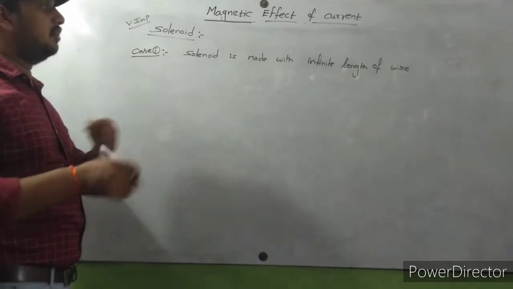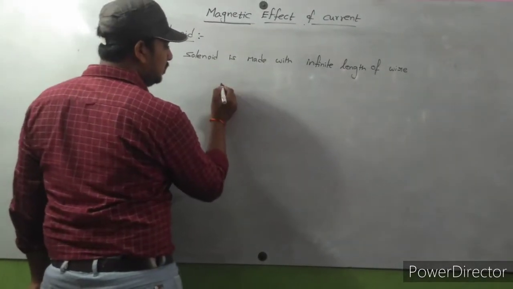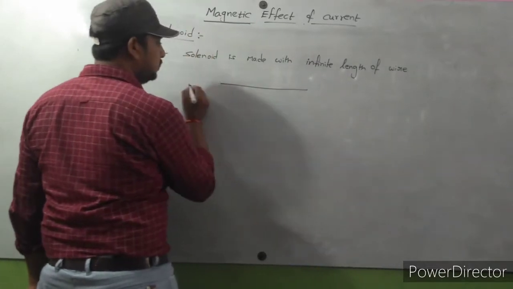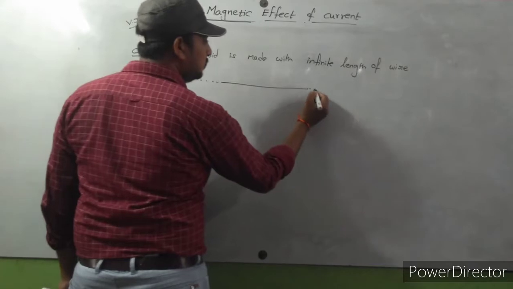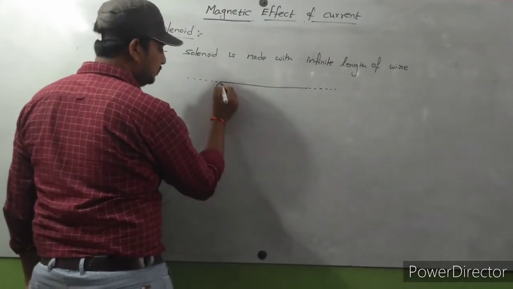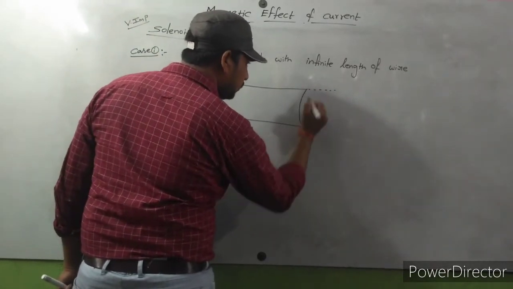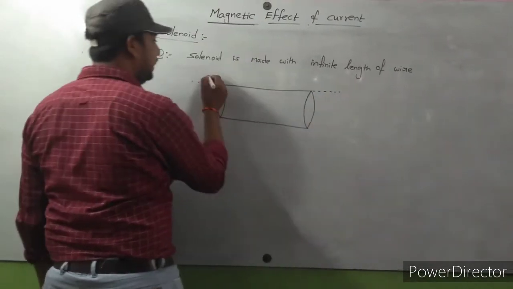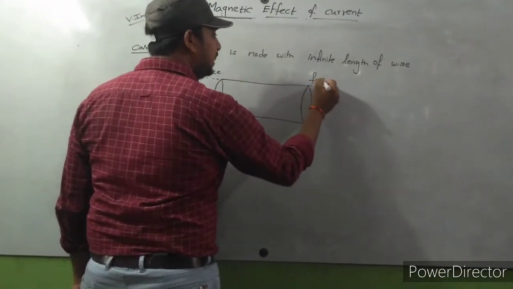That means the length of the wire is infinity. For example, here is the wire. It's not a finite length of wire. Infinite length of wire means this is a free end, and here it is a free end.